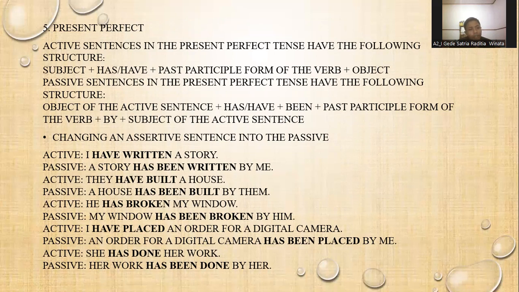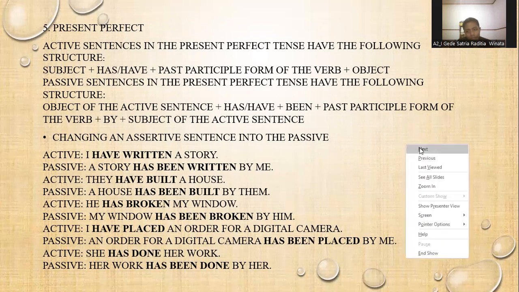Changing an assertive sentence into the passive. Example below. Active: I have written a story. Passive: a story has been written by me. See another example on the slide.